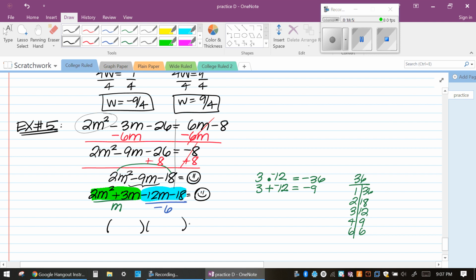The GCF for the second two terms is negative 6. The remainders after you divide each of these, remember your remainders should match. And in this case, it should be 2m plus 3.